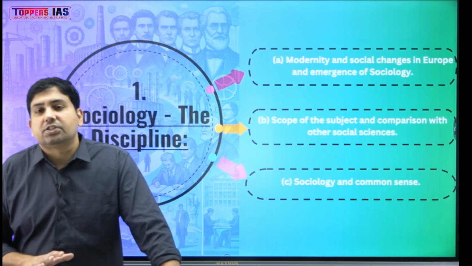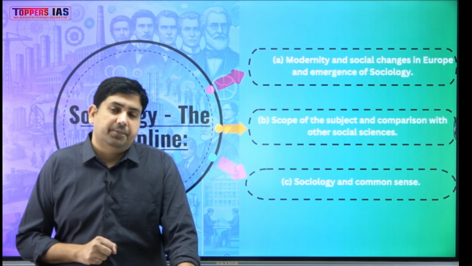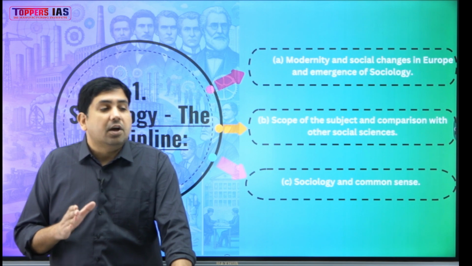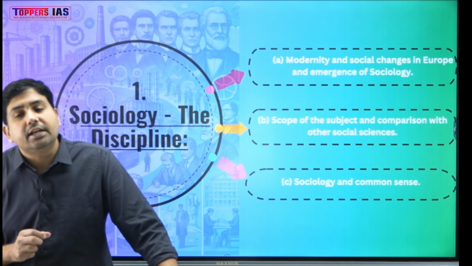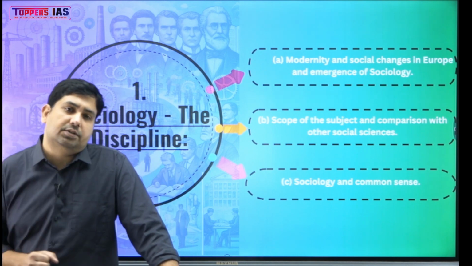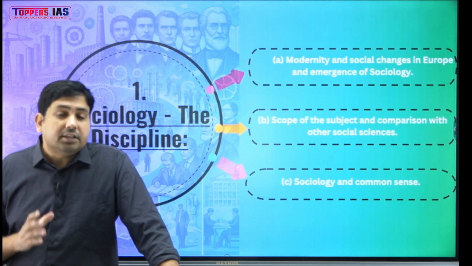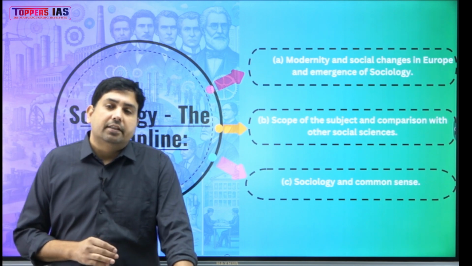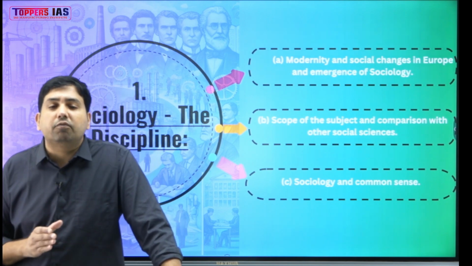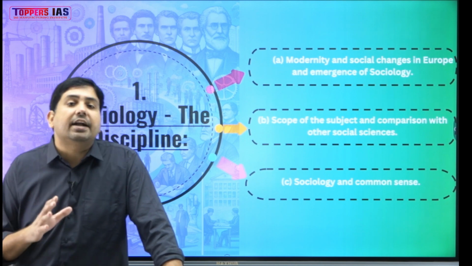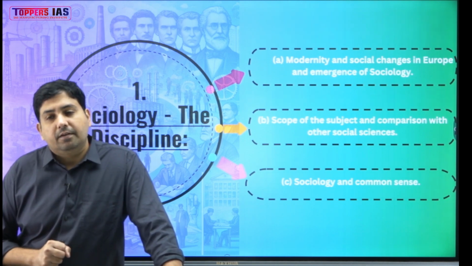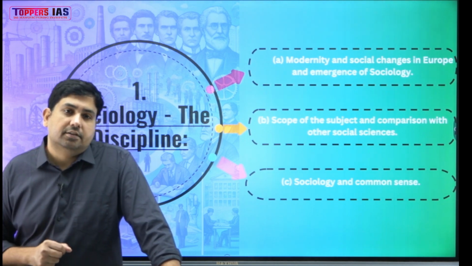And these changes were called modernity. They created lots of problems in European society. These changes were so big that people started looking for new ways to understand society and societal problems.